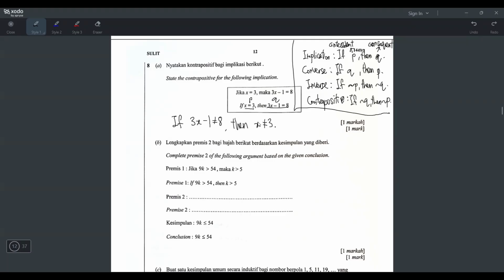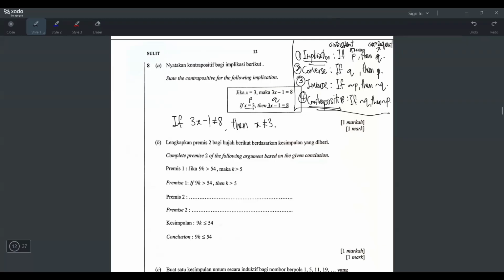Sometimes the question will ask you to determine the truth value. It means they want you to write true or false after you write the contrapositive. This question they never ask, but if they ask, you need to know how to determine the truth value also. One extra thing I want to mention: implication and contrapositive will always have the same truth value.